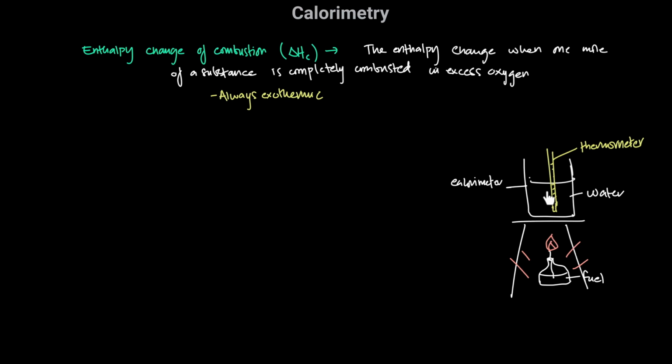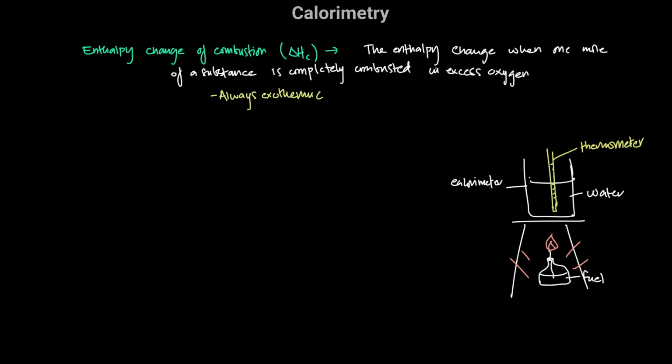I know the initial temperature. I can combust this fuel for a certain period of time, let's say 10 minutes, and then I can stop the reaction and figure out the final temperature. So I know the initial temperature and the final temperature. I can also determine how much fuel was combusted by taking the initial mass of the burner and the final mass.